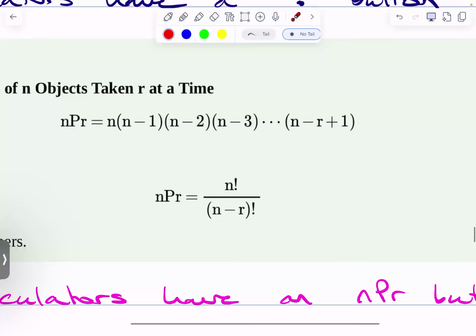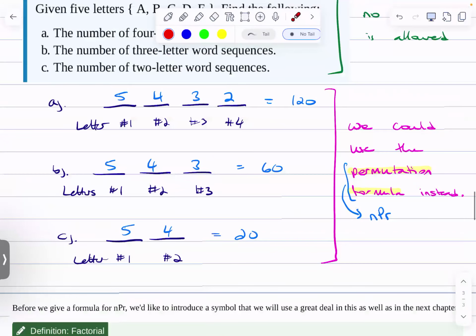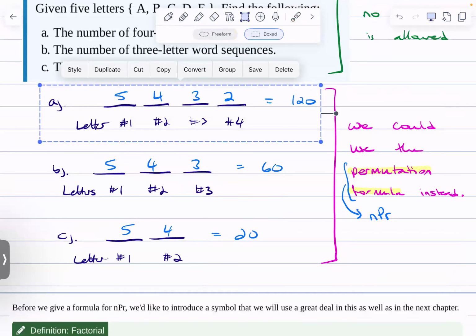So we're told that nPr looks like n times n minus 1 times n minus 2 times n minus 3, all the way up to n minus r plus 1. Let's grab this one here. Copy.